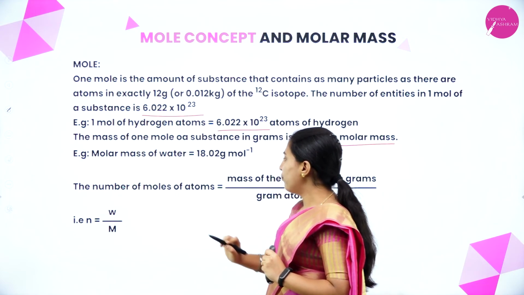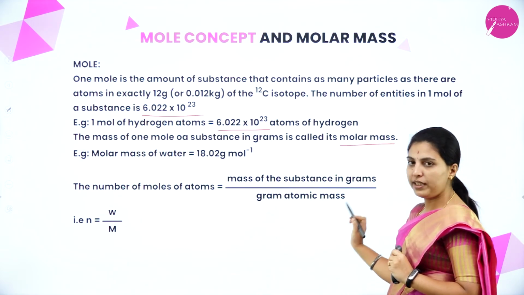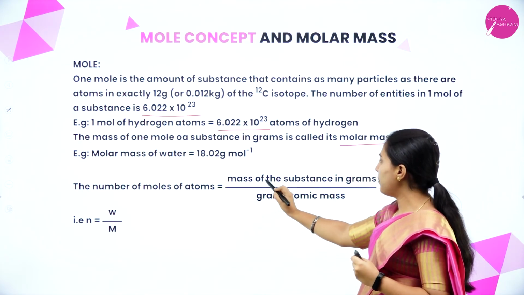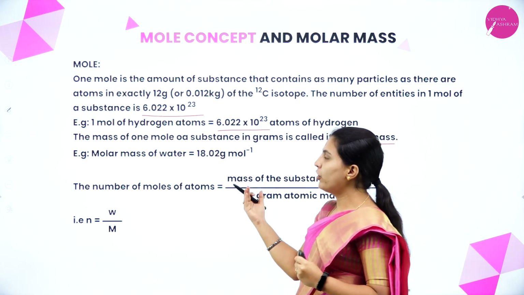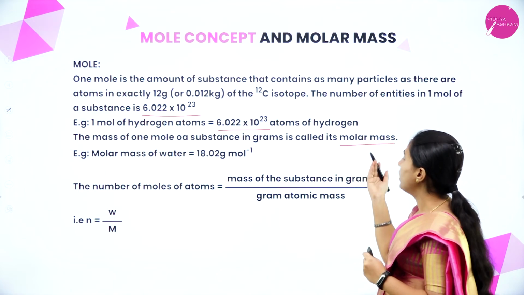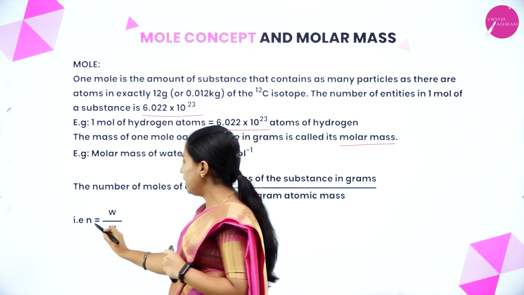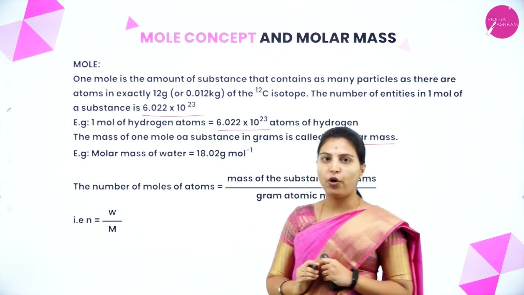The number of moles is the mass of substance in grams divided by the gram atomic mass. You know now what gram atomic mass is. See here, N equals W by M. This is the short form of this formula.